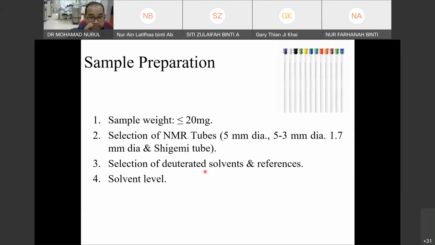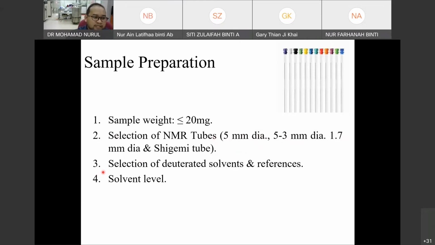There are a few selections of NMR tubes, 5 millimeter diameter, between 5 and 3 mm diameters, 1.7 millimeter diameter, and also sugar tubes. For this unit, we only use 5 mm diameter tubes. Make sure you are using the correct size.